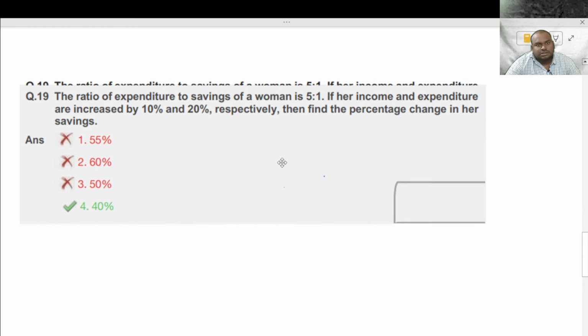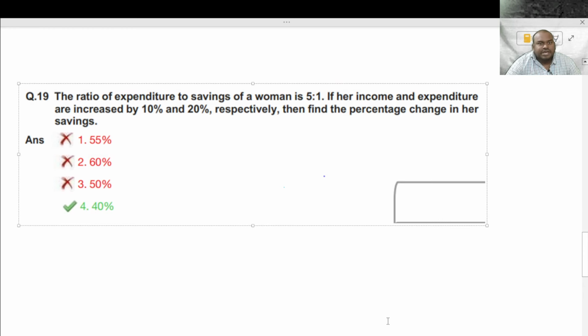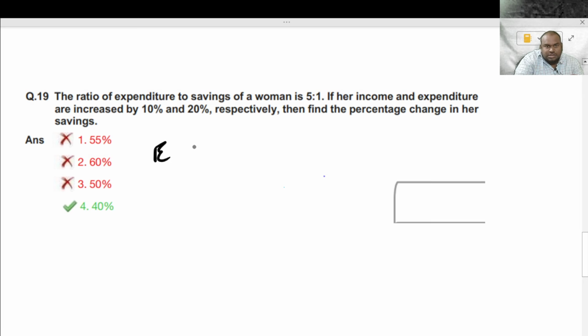Next thing. The ratio of expenditure to savings of a woman is 5:1. Expenditure to saving is 5:1. If our income and expenditure are increased by 10% and 20% respectively, then find the percentage change in our savings.